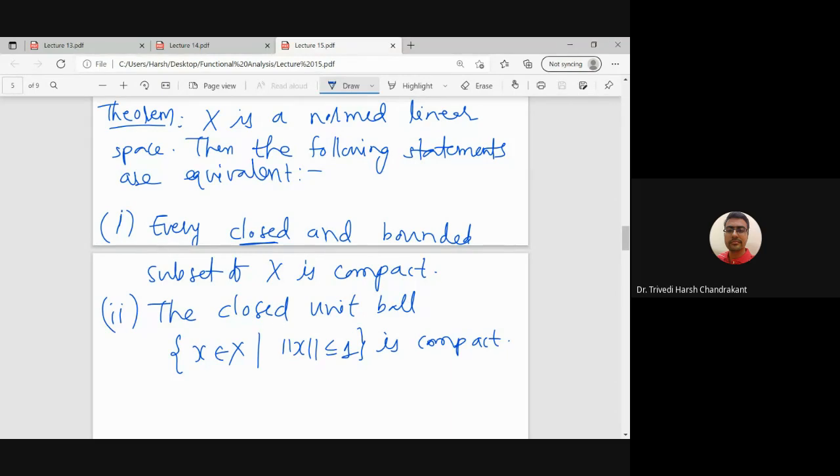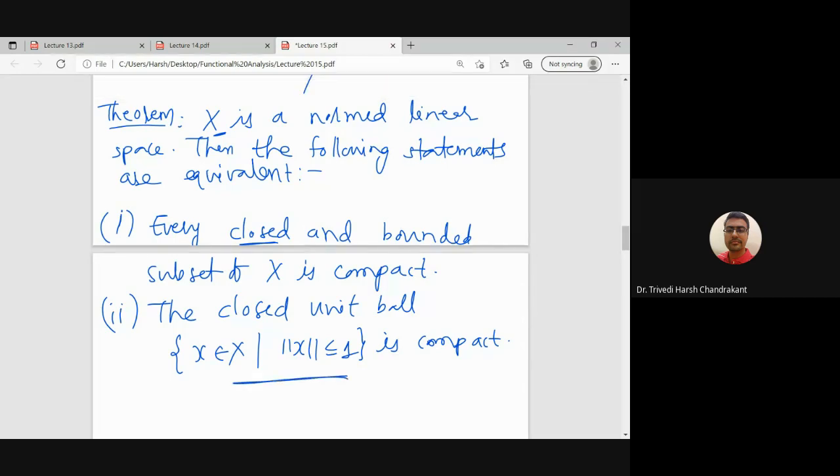If we take X to be R2 with the Euclidean norm, then this set geometrically is the interior of the unit circle, so the closed unit disk. But in a general normed linear space, we call such a set the closed unit ball. That is general terminology, and this is the second condition.